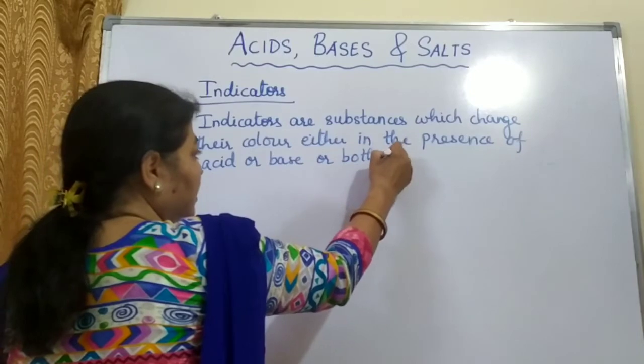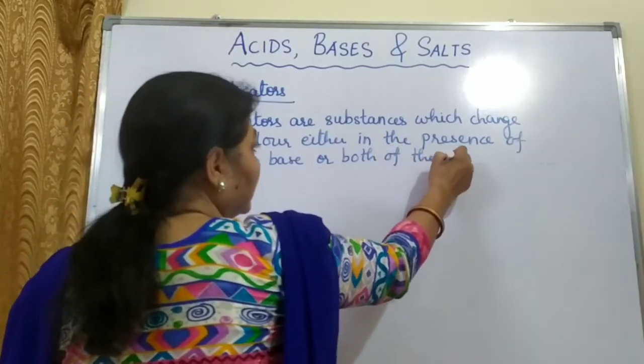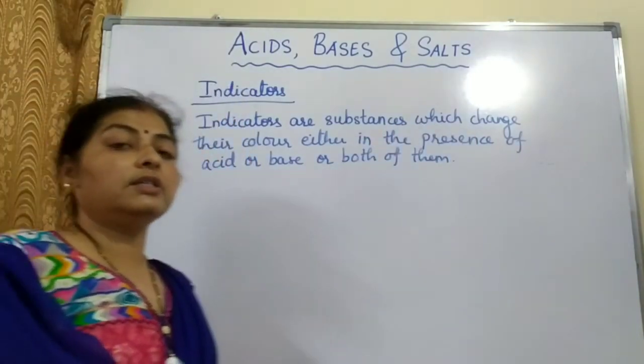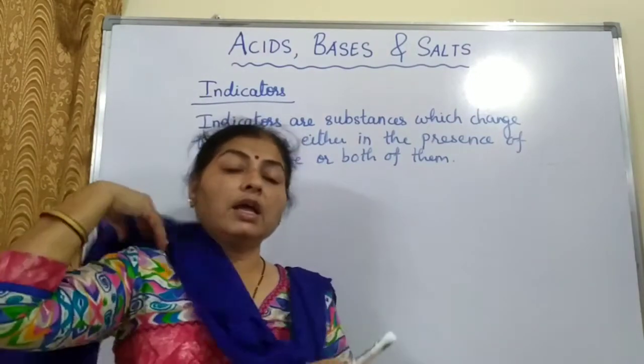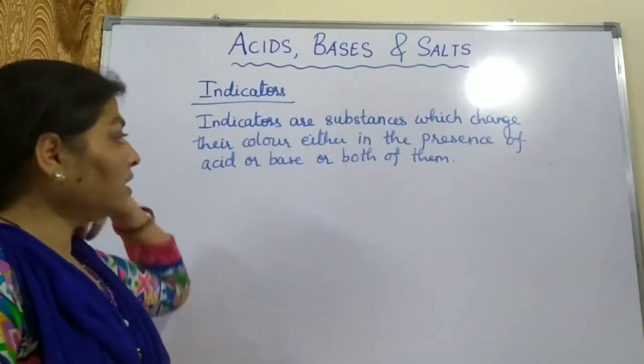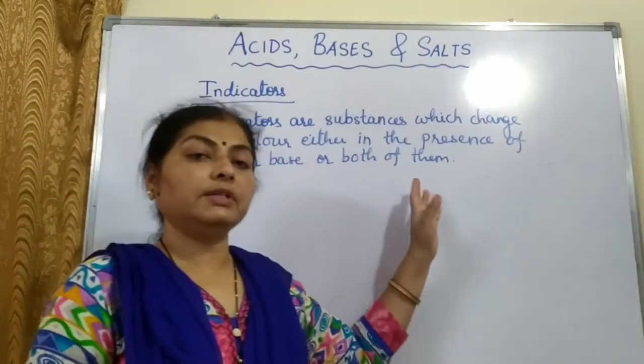There are certain indicators which will change color only in the presence of acid. There are certain which change the color only in the presence of base. And there are some indicators which change their color in the presence of acid as well as in the presence of base.